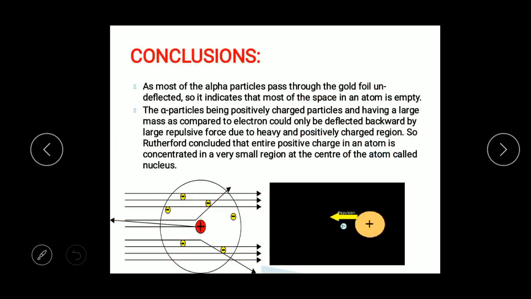So once again, let us see the conclusions in short. The first conclusion is that most of the space in an atom is empty, and the entire positive charge of the atom is concentrated in a very small region at the center of the atom, called the nucleus.